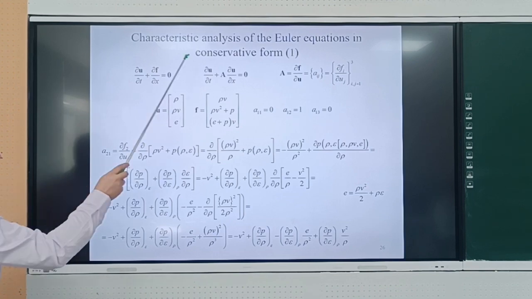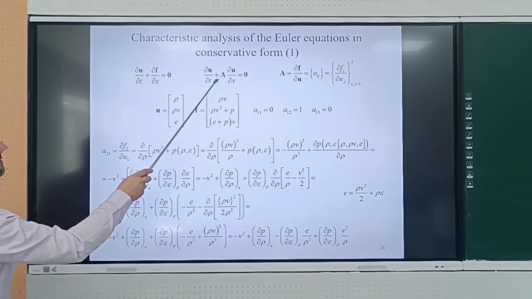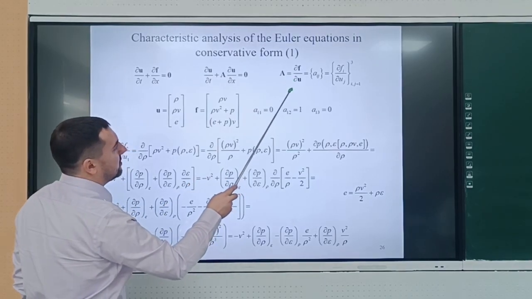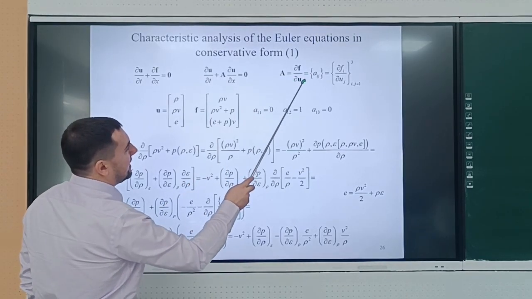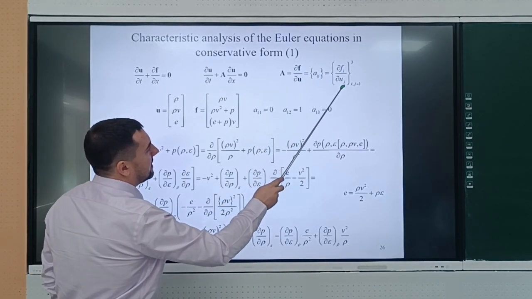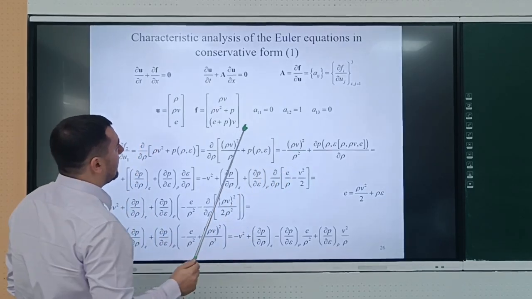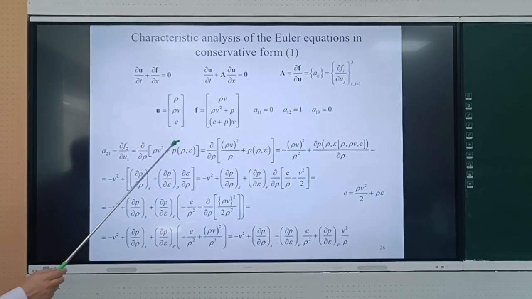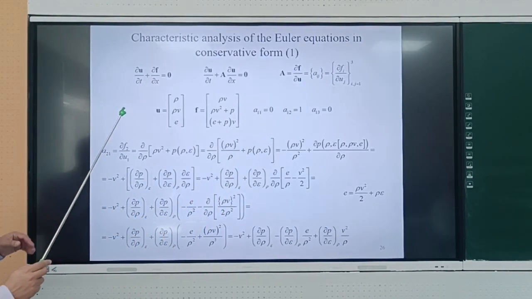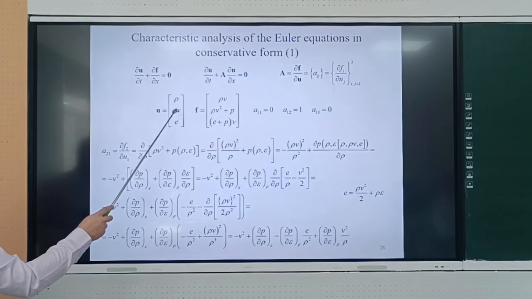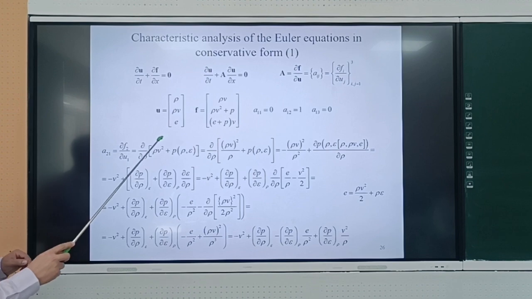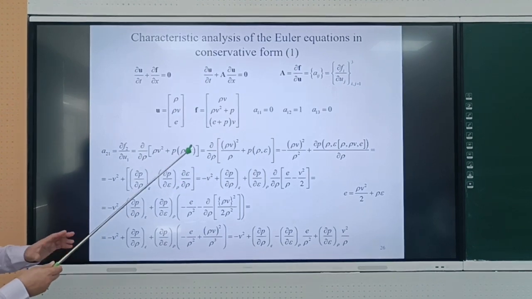And what is A? A is the Jacobian matrix. We should compute df over du. It is a 3 by 3 matrix, dfi over duj, i, j from 1 to 3. For example, consider element a11. It's a bit difficult because we have independent variables rho, rho v, where v is velocity, and e, not rho, p and v, but some combinations.